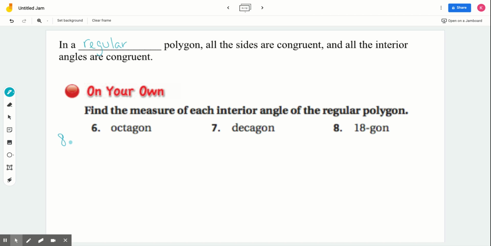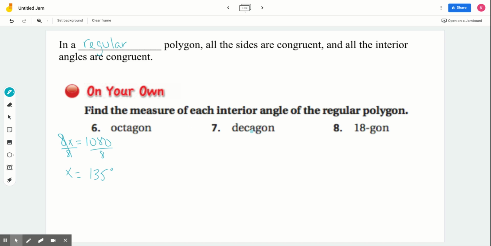So 8 angles is equal to the interior angle sum of 1080, which we found previously in this video. Now to solve for each angle, we can simply divide both sides by 8. X would then be 135 degrees. So we're taking that sum of the angles and dividing it by the number of angles there are.